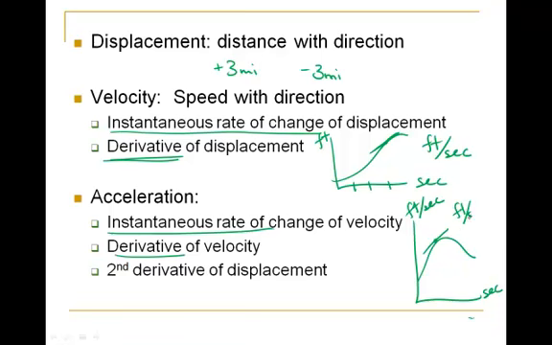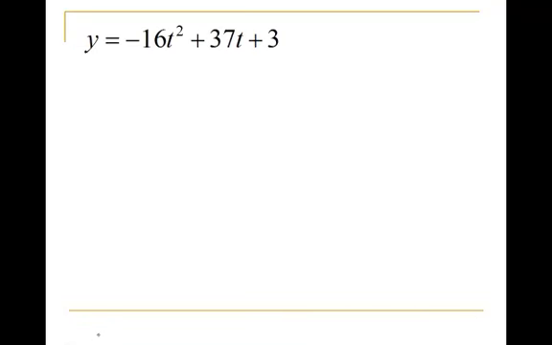My units are feet per second per second, which is feet per second squared. That's an acceleration unit. And it's the derivative of the velocity graph, or we can say it's the second derivative of my displacement. So you can see we're going to be using derivatives to go from displacement to velocity to acceleration.